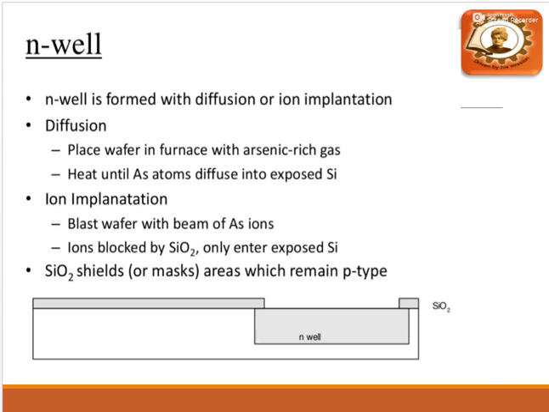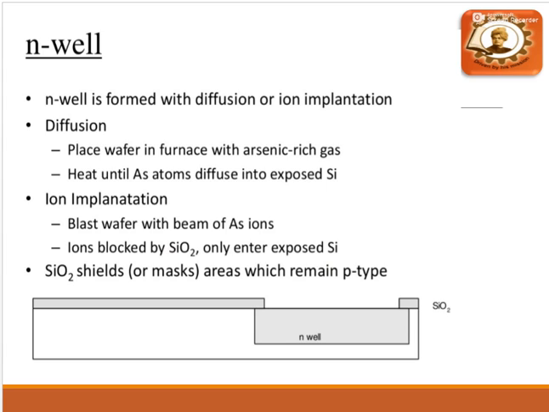In the case of the ion implantation method, there is an ion bombardment of arsenic ions, and ions blocked by SiO2 only enter the exposed Si, so only the window allows ions for that bombardment process.